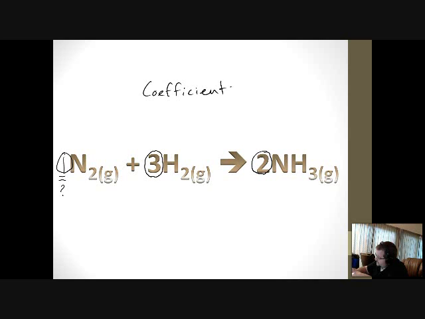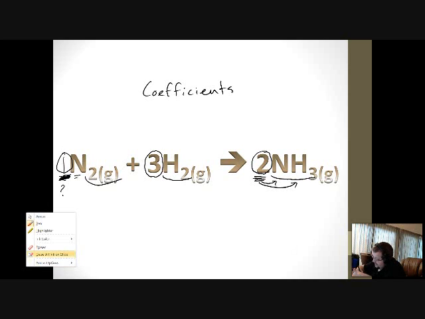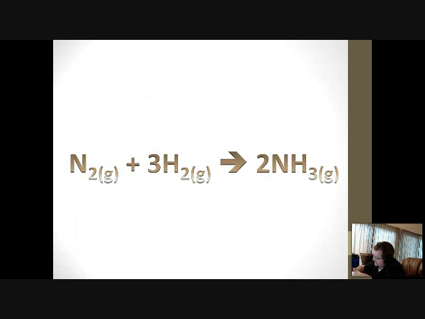Now these coefficients apply to everything in the chemical formula that's directly next to them. So the 1 that's out in front of nitrogen applies to the nitrogen, and the 2 out in front of the NH3 applies not just to the N, but to the H as well. And it applies not just in an additive fashion, but it multiplies.